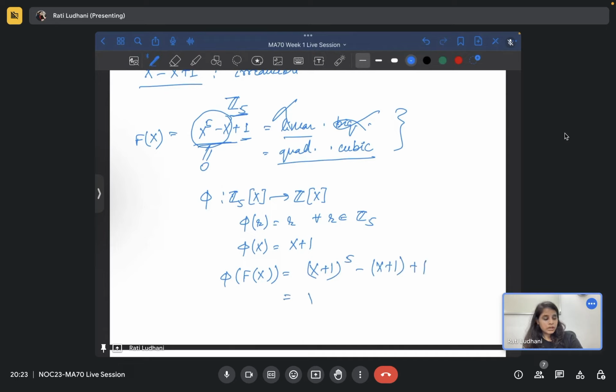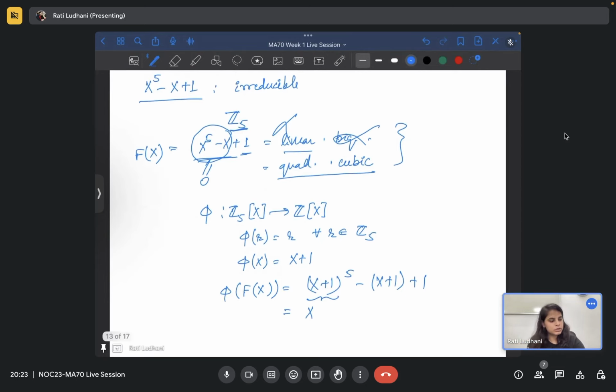When you expand it, (x plus 1) raised to power 5 will be equal to x raised to power 5 plus 1, because with binomial coefficients, all the coefficients of x raised to power 4, 3, 2 and 1 will be multiples of 5.